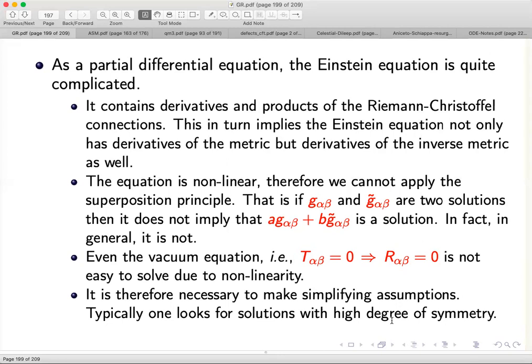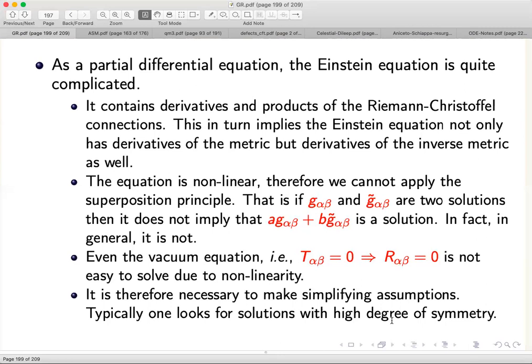Any solution to this set of equations guarantees that you have solved the Einstein equation. You find one solution, and starting from it, you find a bunch of solutions through a solution generating technique. For each such solution, you are guaranteed that the Einstein equation is satisfied, and that is one way of generating large classes of solutions.